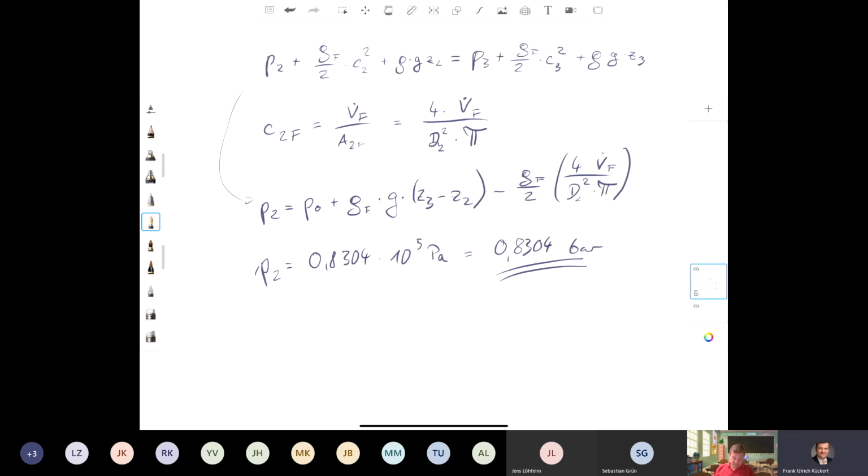Okay, then we must calculate the point from 1 to 2 for the flow P1, and again the same. Height is the same.